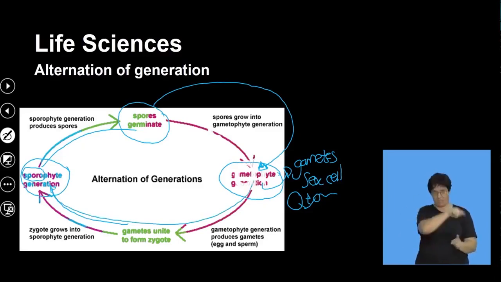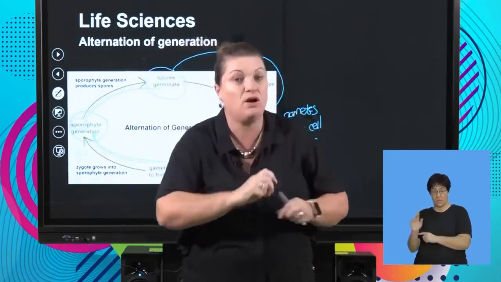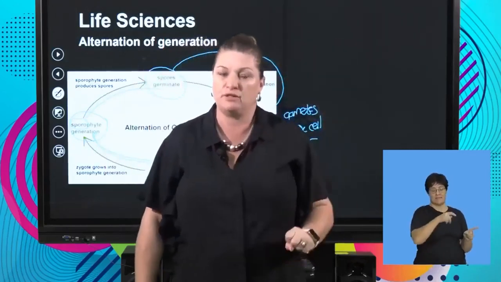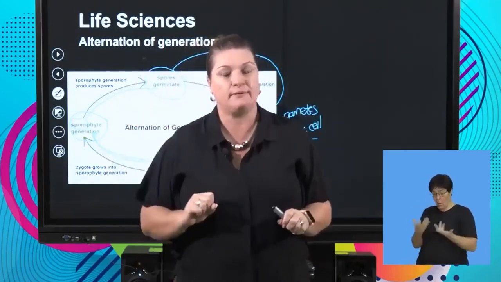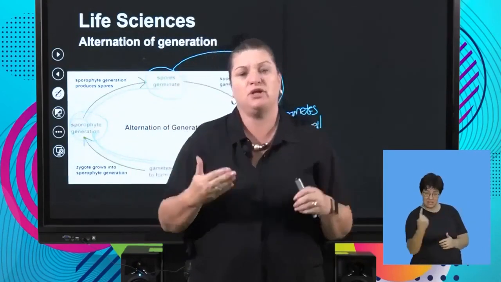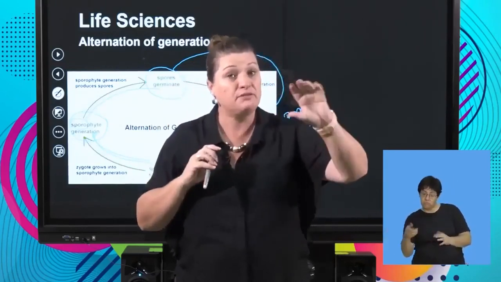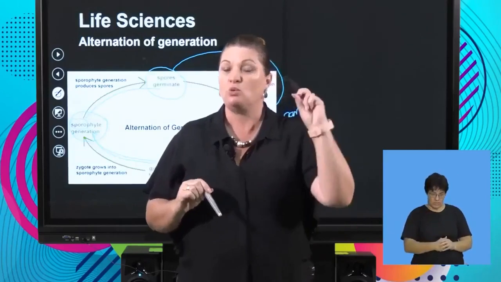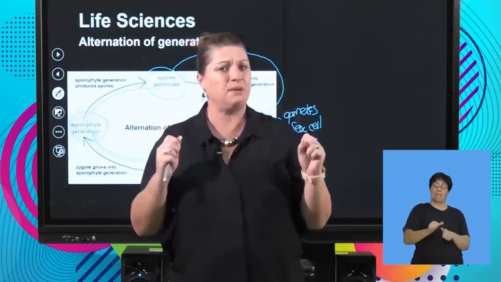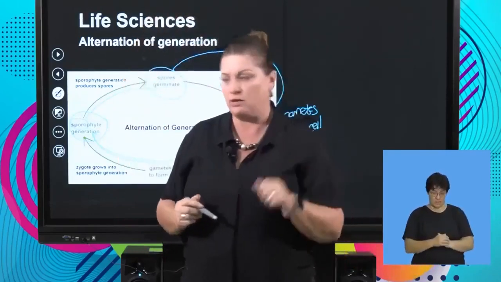So it's this continuous cycle of the gametophyte of the plant and the sporophyte of the plant. Where does the emphasis lie? For each of our plants, we're going to see which generation, the gametophyte or the sporophyte, is my dominant generation. I won't say dominant as in plays a better role, but it's the more dominant of the structures that we are going to look at.